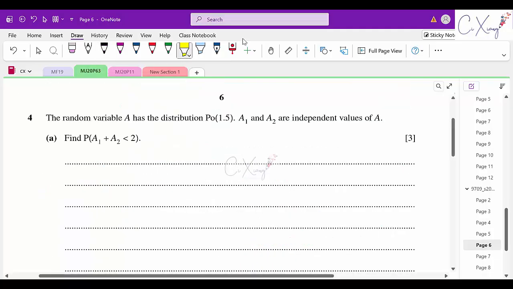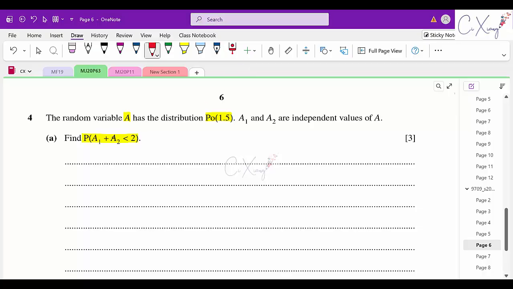All right, so question number 4. The random variable A has the distribution of Poisson with lambda 1.5. A1 and A2 are independent values of the A. Find the probability that A1 plus A2 is less than 2. Less than 2, yeah, there's no equal sign here. So what are the steps we have to carry out when we want to calculate this probability?